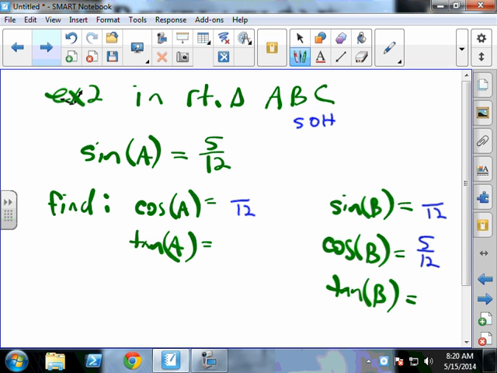Everybody catching what I'm throwing here? So now's the point where it might be nice to sketch a right triangle: C, A, B. We know that the opposite side from A is 5. We know that the hypotenuse is 12.